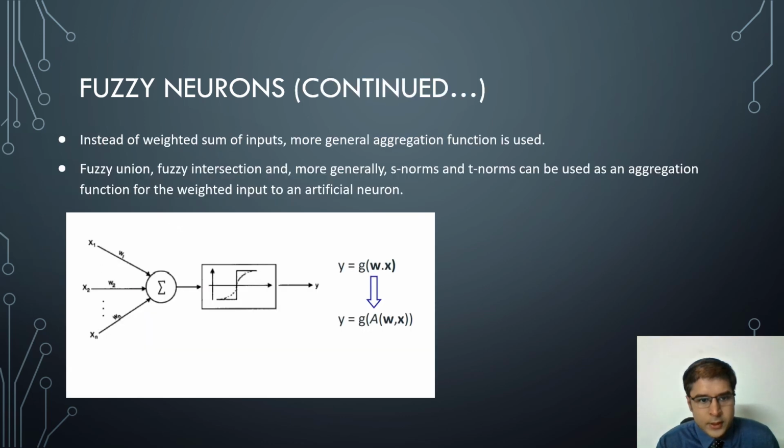So instead of weighted sum of inputs, more general aggregation function is used. So instead of the general summation function, we use some other aggregation functions such as fuzzy union, fuzzy intersection, or S norms and T norms for the weighted input to an artificial neuron. So these union and intersection functions of the fuzzy logic can be used as the aggregator function here.